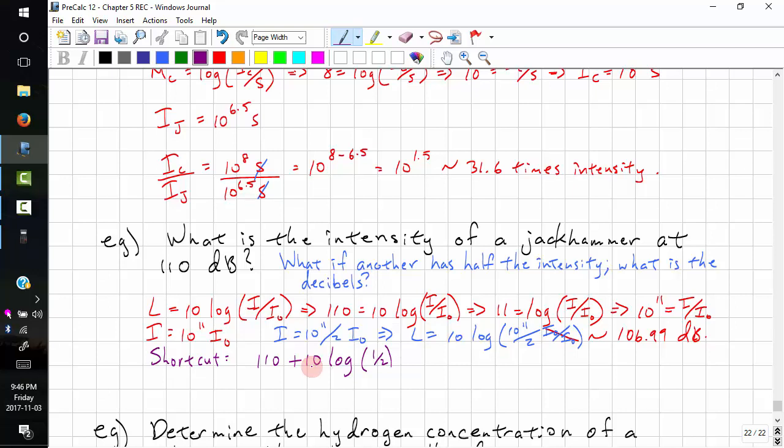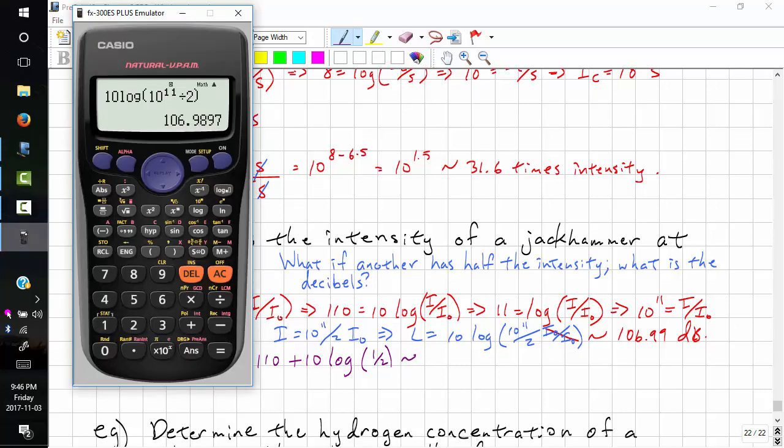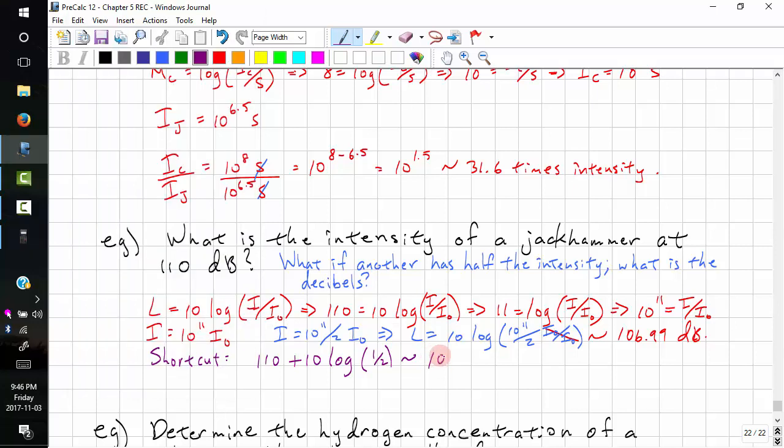That means we're adding logs. We do this on the calculator. Plus 10 times log 0.5, and we get the same answer. And we can round that off to 107 decibels. Okay, so you can try to remember this quick way if you like, or you can go through the long method.